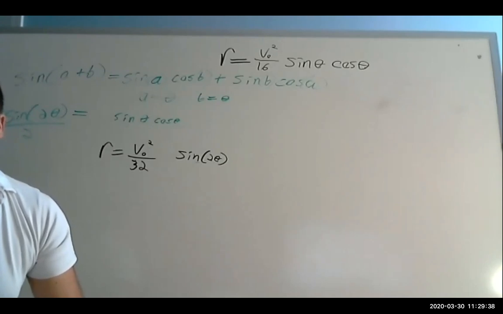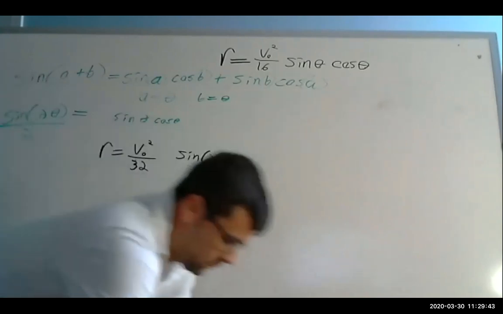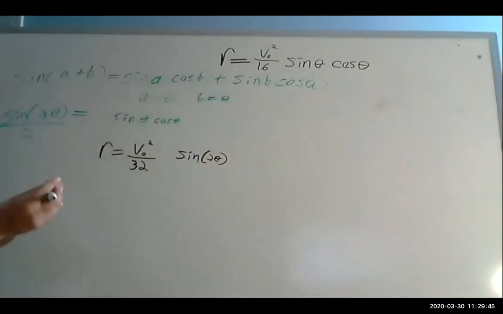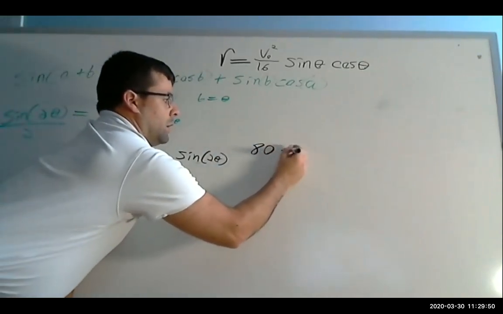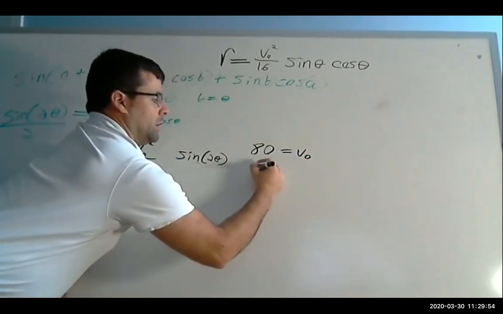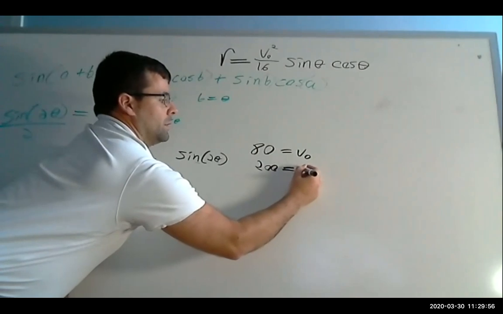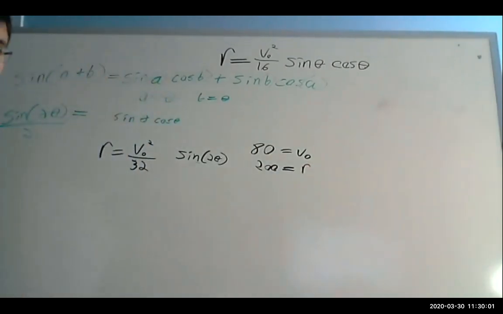So let's take the two numbers, 80 feet per second is our initial velocity. And our range is 200. Let's see if we can figure out what angle we would have to kick at for that to be the case.